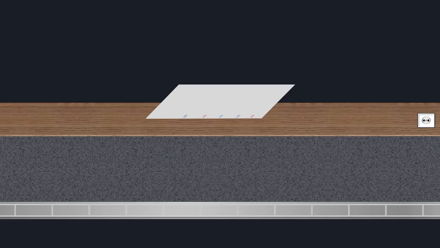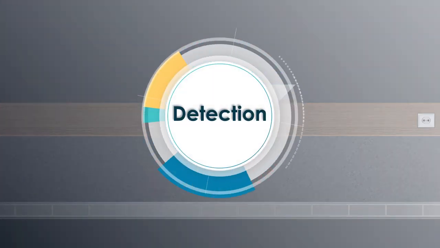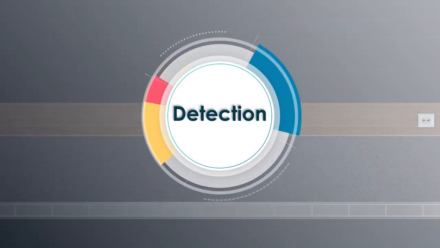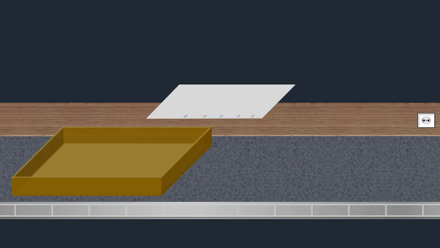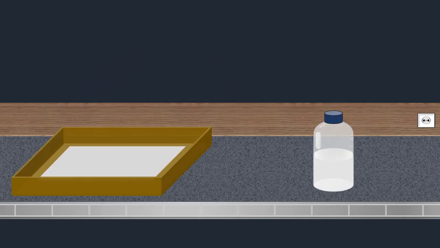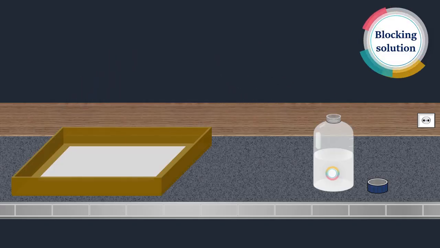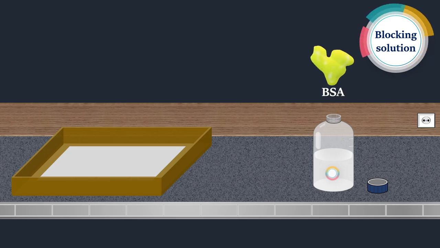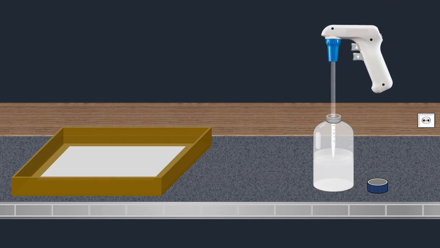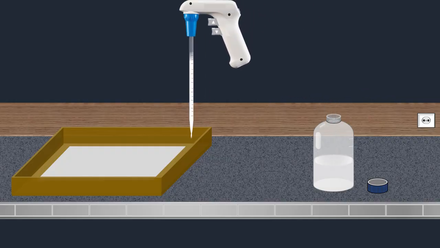After the electrotransfer of the proteins on the membrane, the next step is the detection of our protein of interest using antibodies. First of all, the membrane is soaked in a blocking solution, which contains bovine serum albumin. This step must be taken to prevent the interactions between the membrane and the antibody used for detection of the target protein.